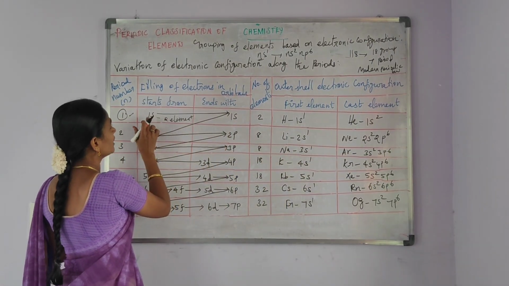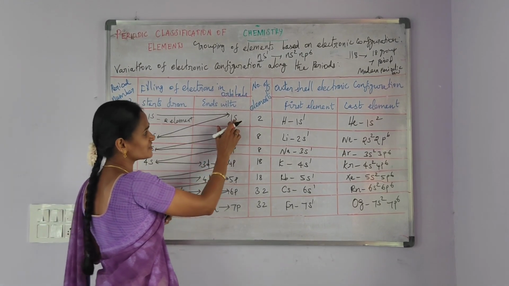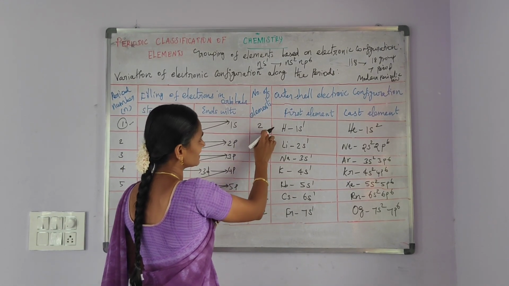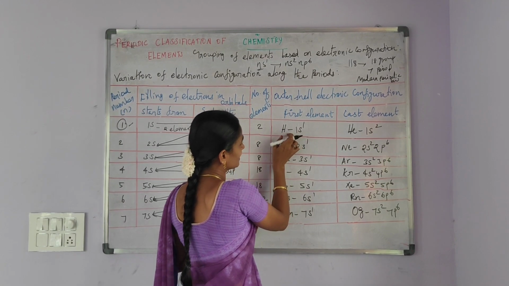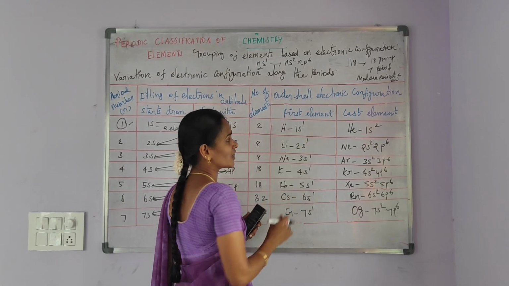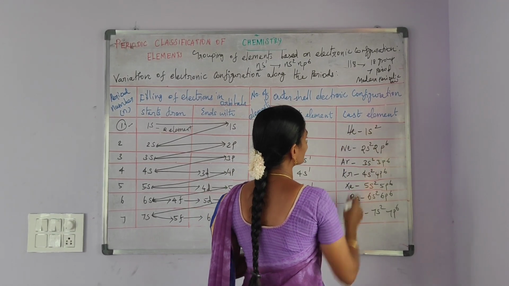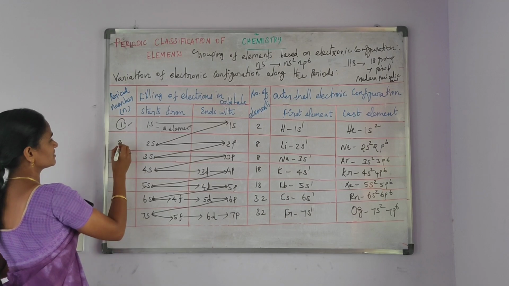Filling of electrons starts from 1s and ends with 1s. Number of elements present in the first period is 2. The first element is hydrogen, electronic configuration 1s1. The last element is helium, electronic configuration 1s2.